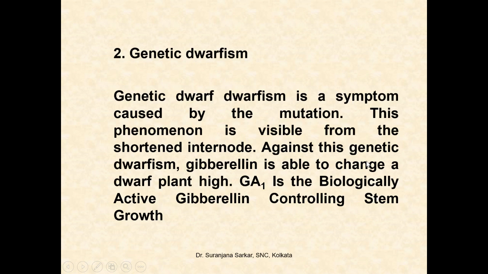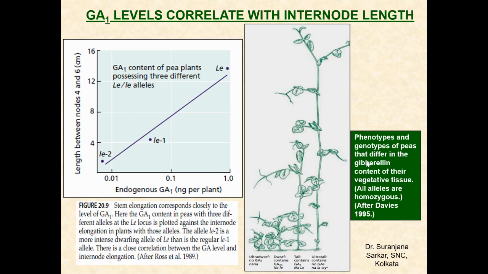Gibberellin can also overcome genetic dwarfism. That means it helps to overcome genetic dwarfism in many plants. GA1, the biologically active gibberellin, controls stem growth. This is a rosette pea plant and this is a tall pea plant.